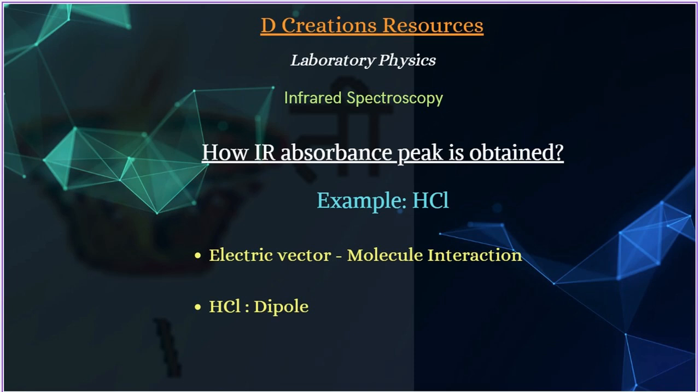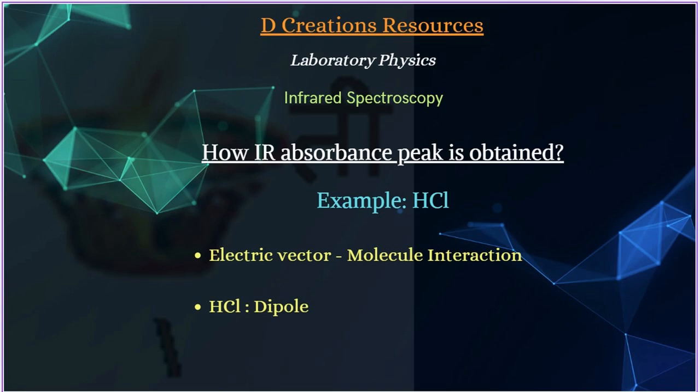So when the electric vector encounters the positive end of HCl molecule, then if the electric vector polarity is positive, obviously it will repel the partial positive charge on the hydrogen atom, right? Because like charges repel.